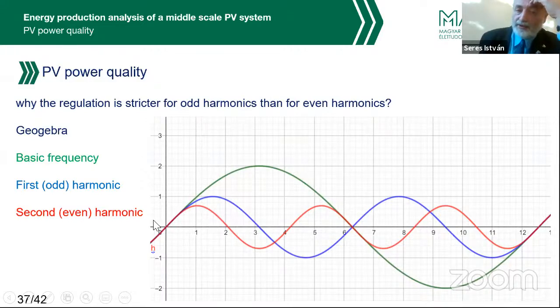But in this case, the harmonic gives a positive and a negative addition in one part, so they more or less equalize each other. But if we check the second harmonic, in this half period, I have 2 positive and 1 negative range. And on the other side, I have 2 negative and 1 positive range. That is the reason why these harmonics are more strictly calculated or more strictly reduced than the other ones.